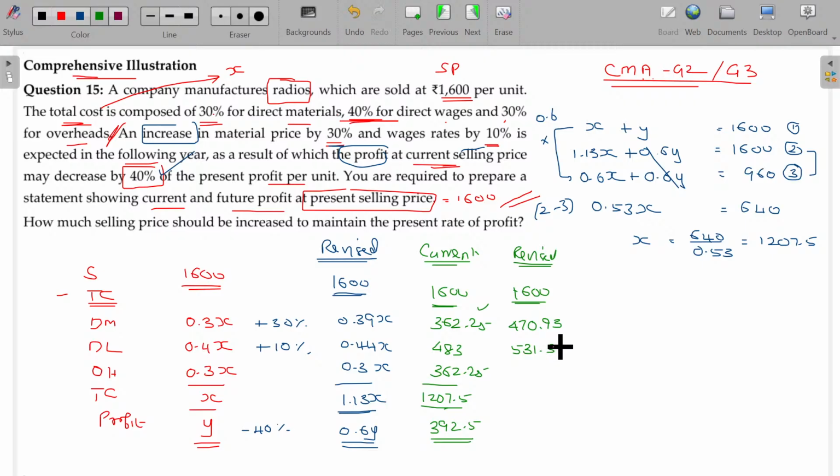Next, this will remain the same, 362.25. Then total cost becomes 1364.50. The revised profit being 235.50. It means there is a decrease in estimated profit from the earlier by 40%. From the earlier profit, if you subtract 40%, you will get the revised profit of 235.5.